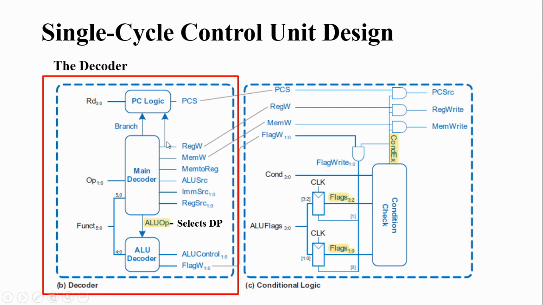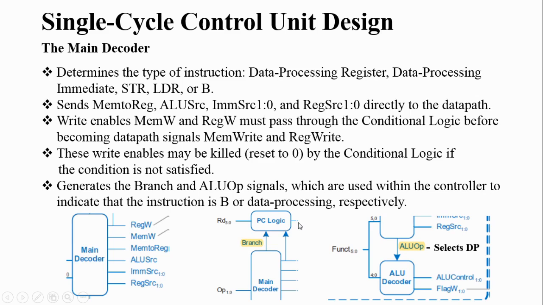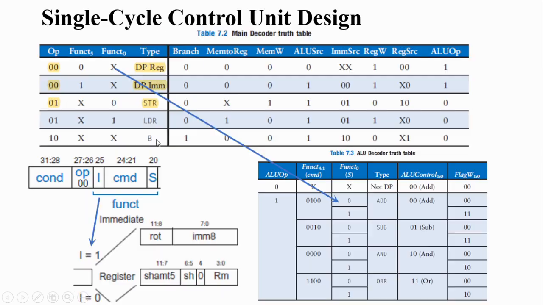Then this main decoder also generates another signal known as ALU output. This ALU output tells the ALU decoder to perform some data processing instruction. So these two signals are also generated by the main decoder, that is the branch signal as well as ALU output. That is the function of the main decoder.